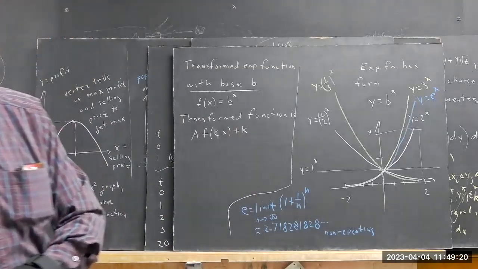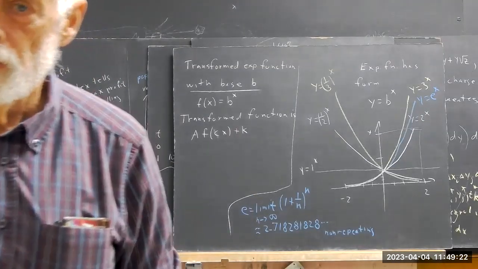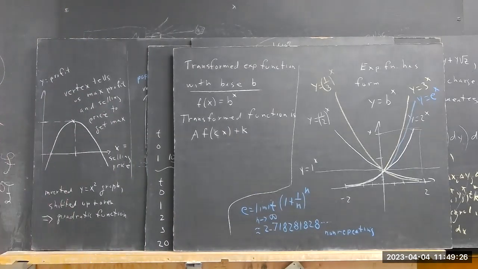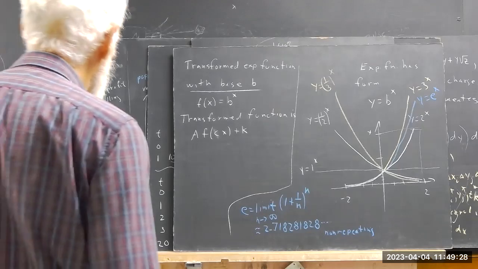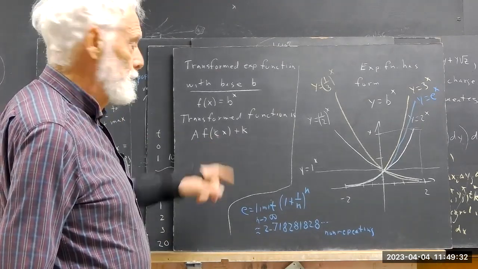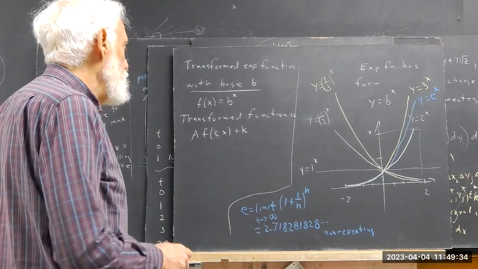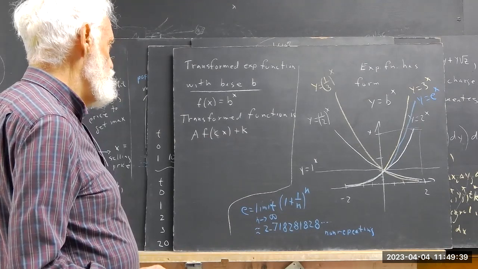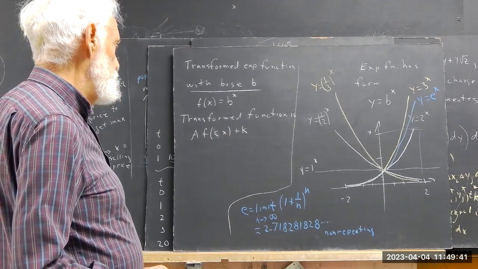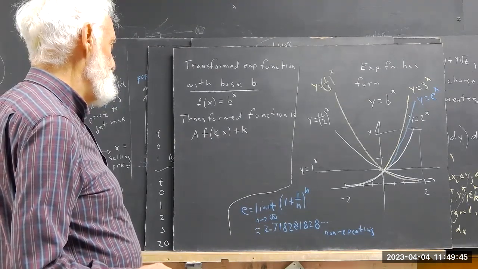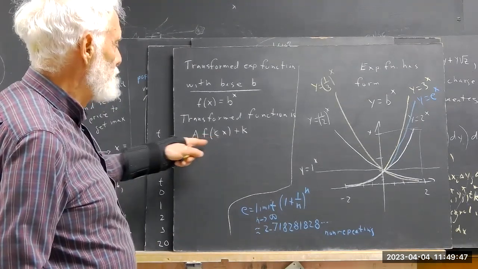We don't generally do a horizontal shift on an exponential function because we take care of that with this number C.